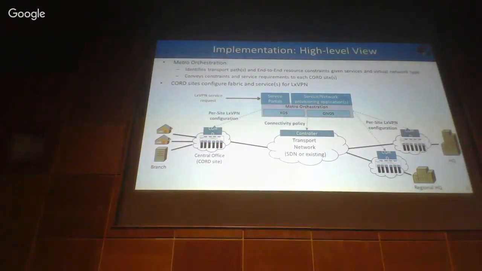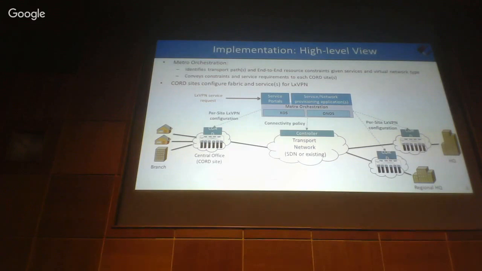So for an ELAN, it could, I think, no, sorry. I may show that, but it could span more than just 2 CORD sites. And then there's a connectivity policy where we look at a very abstract level at the transport network to tell them, okay, connect me these 2 points with this kind of SLA.